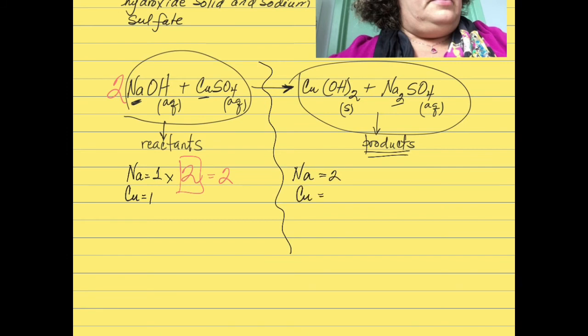Look over here, I don't have any subscript, means that I have 1 in my products. After copper, I have sulfur over here. I have 1 in my reactants, and 1 in my products. Now, sodium is done, copper is done, sulfur is done. The only 2 elements left that I need to balance are oxygen and hydrogen.